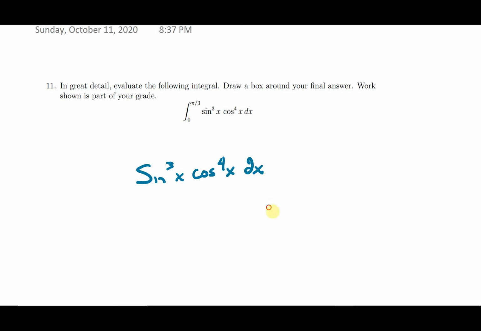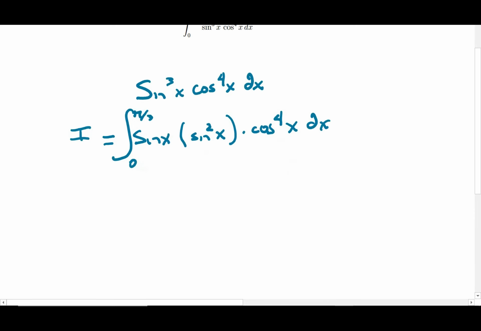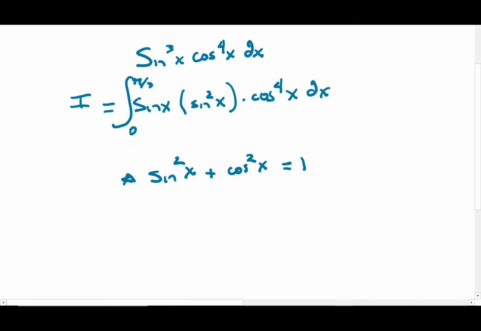So for this case, what we can do is write this as sine x times sine squared x times cosine 4x dx. We know the key identity is sine squared x plus cosine squared x equals 1. So therefore, sine squared x, we move this over, equals 1 minus cosine squared x.